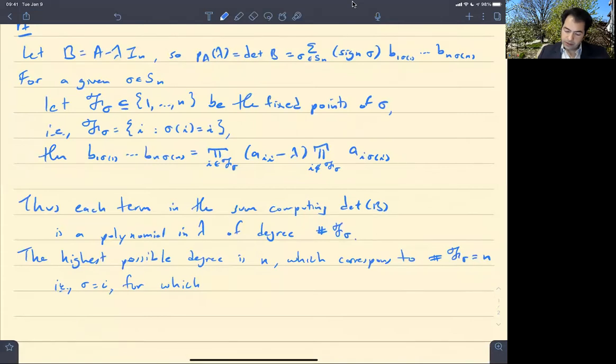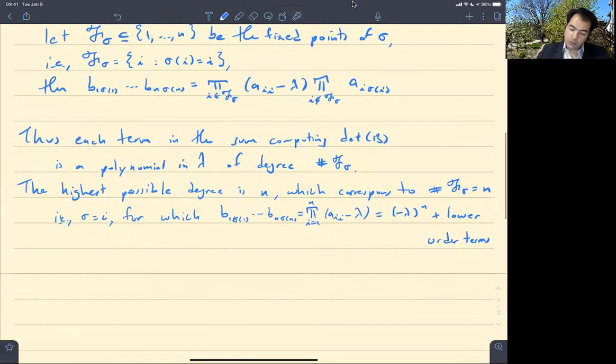And for this term, b_{1,sigma(1)} through b_{n,sigma(n)} would be the product, i goes from 1 to n, of (a_ii minus lambda), which we can write as minus lambda to the n plus lower order terms. And so we've found that we do indeed have a polynomial of degree n, and the leading term is minus lambda to the n, as expected.